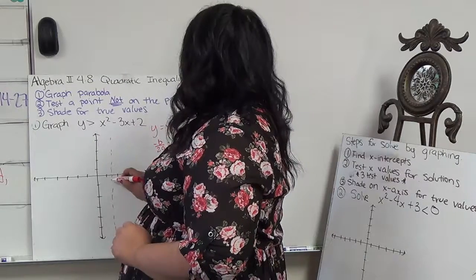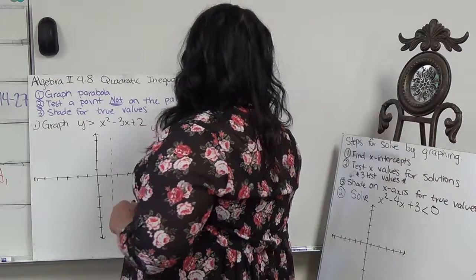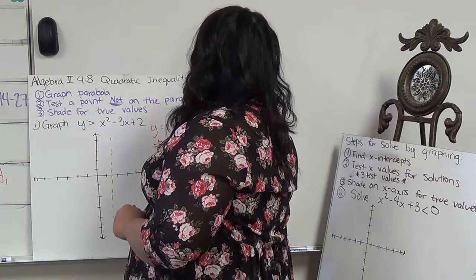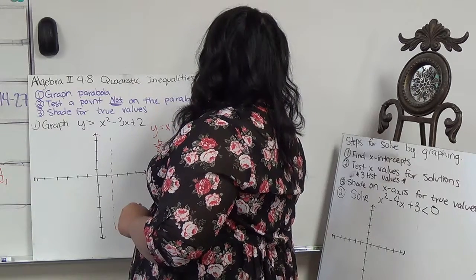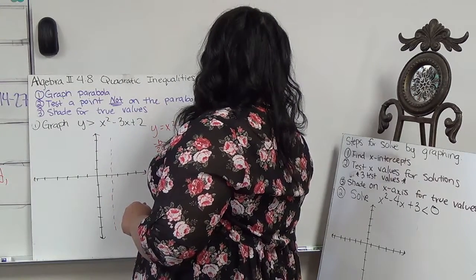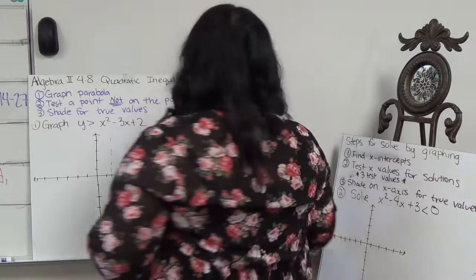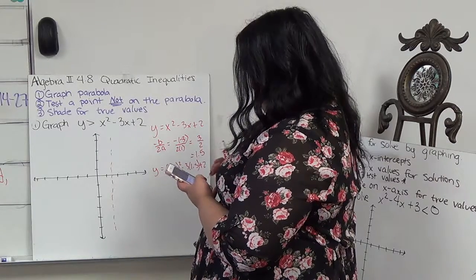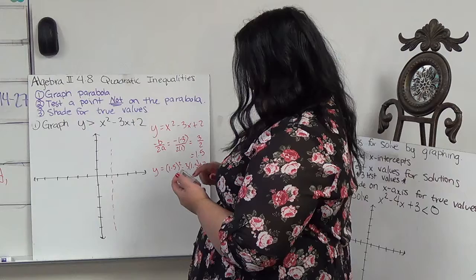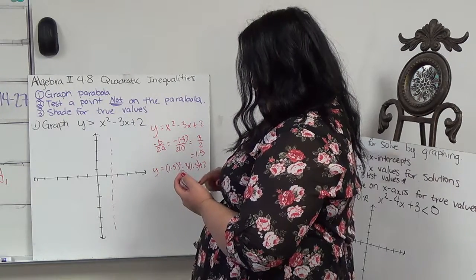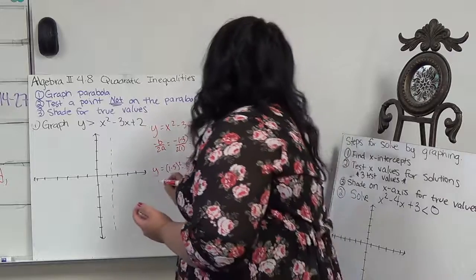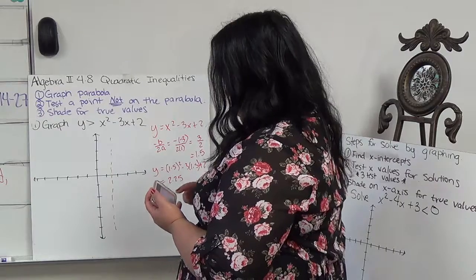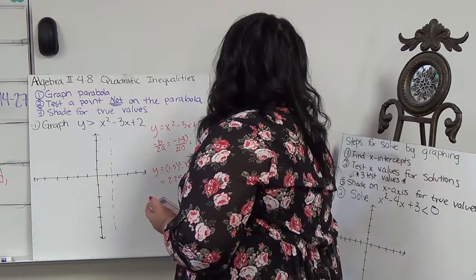Now I need to plug this in to find out what y is: 1.5 squared minus 3 times 1.5 plus 2. 1.5 squared is 2.25. 3 times 1.5 is 4.5.